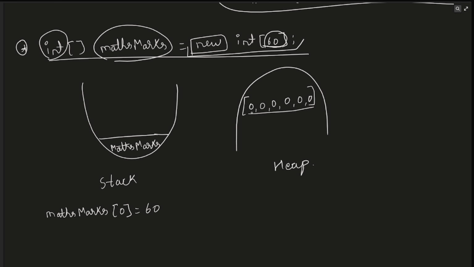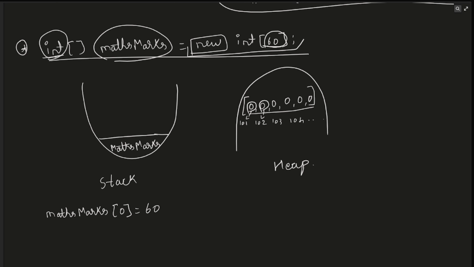And one more thing I missed to mention, for each value there will be a memory address. For this it will be something like 101, for this it will be 102, 103, 104, and so on.